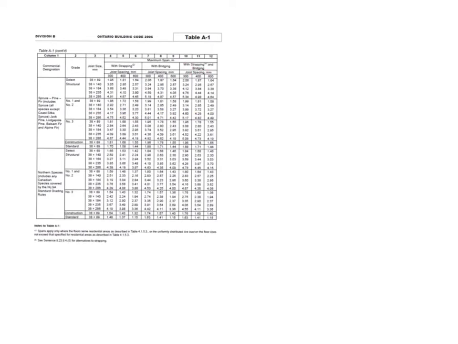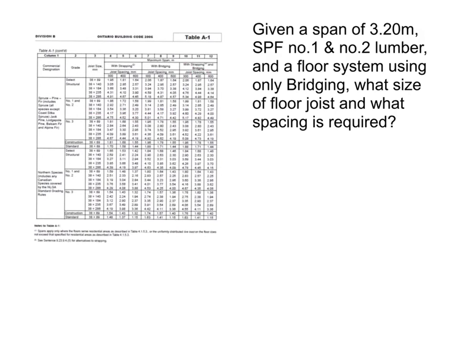Another way to word that question would be like this. Given a span of 3.2 meters, SPF number 1 and number 2 lumber, and a floor system using only bridging, what size of floor joist and what spacing is required? So the steps for this question would be to determine what we know. We know that it's an SPF floor joist system, so we're going to use the SPF commercial designation.